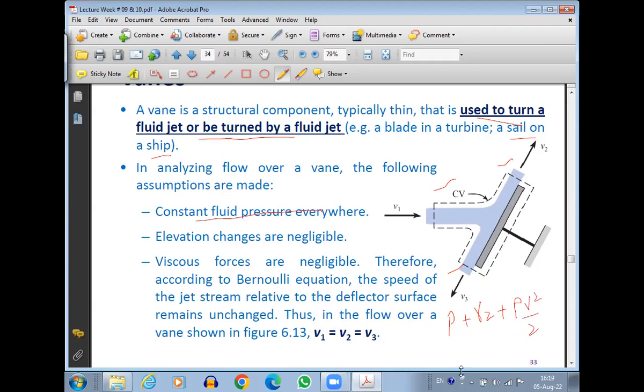We are saying that the effect of elevation is negligible, and that the pressures are constant everywhere. If this is true, that means the velocity at point 1 will be the same as the velocity at point 2. So we get V1 equals V2 equals V3 throughout the fluid jet. The velocities across the vane remain the same.